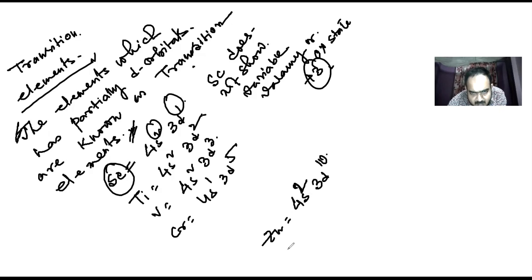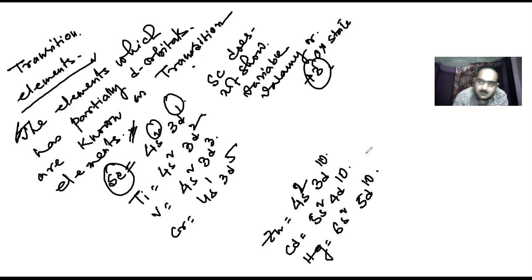You can see cadmium 5s2 4d10. You can see mercury 6s2 5d10.